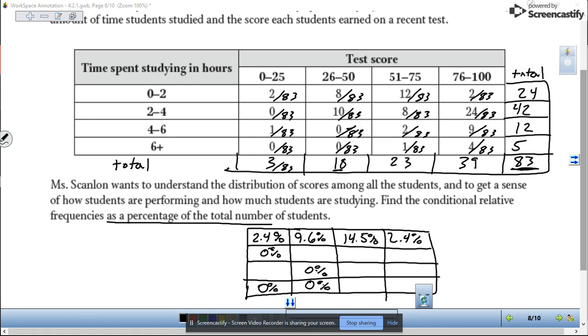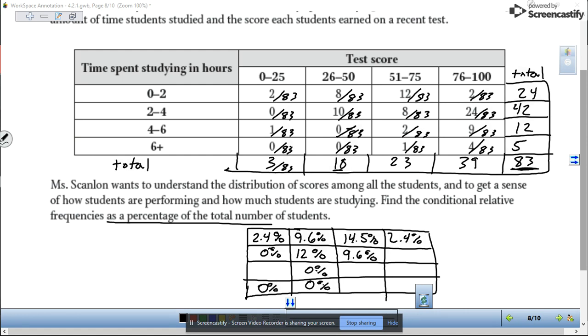The next one we have is 10 out of 83, which is 12%. And then 8 divided by 83, which is 9.6% again.